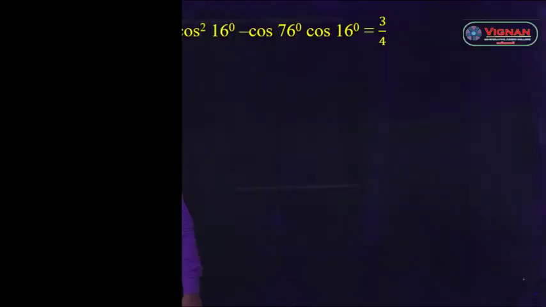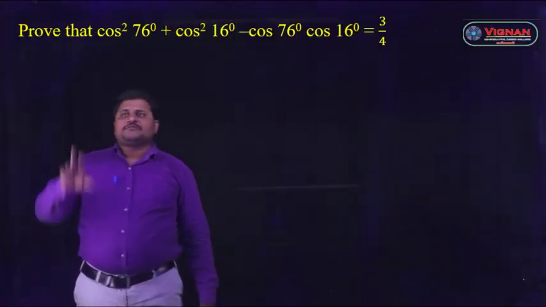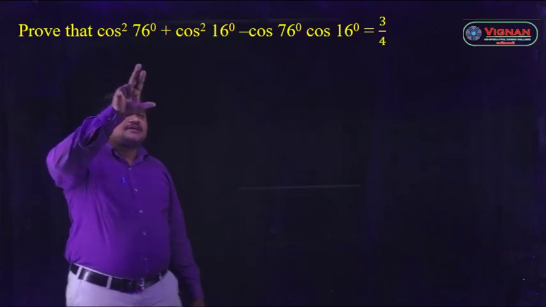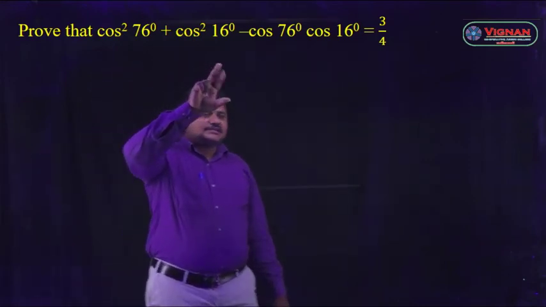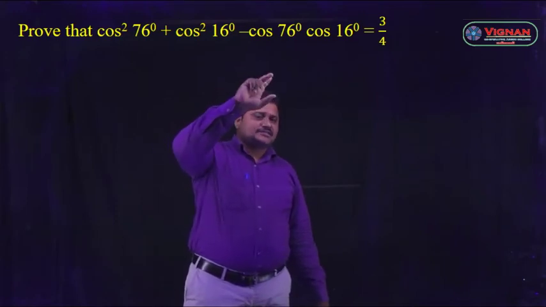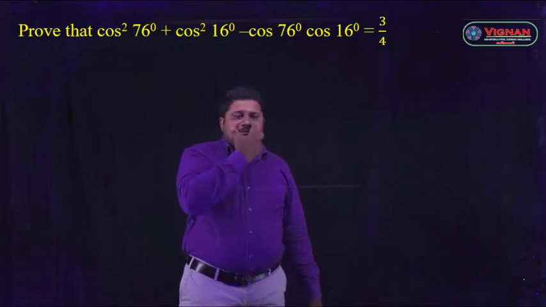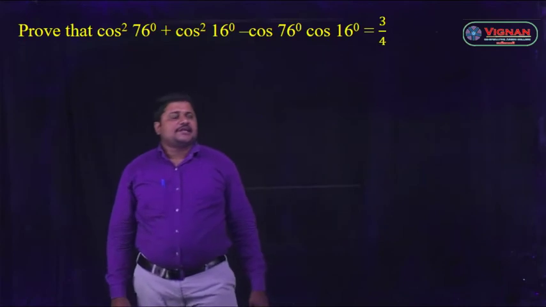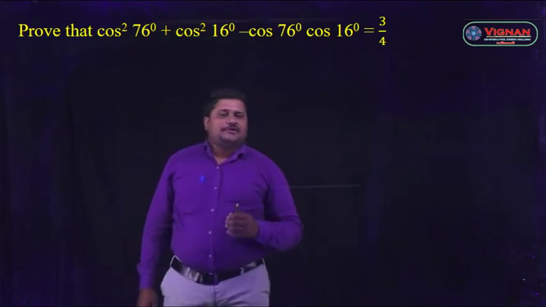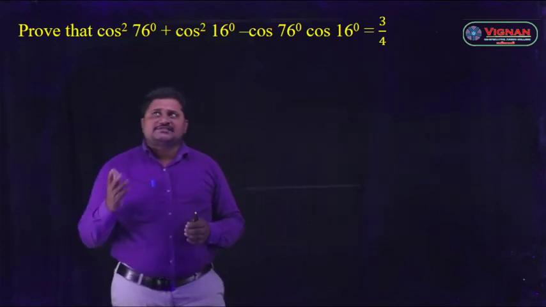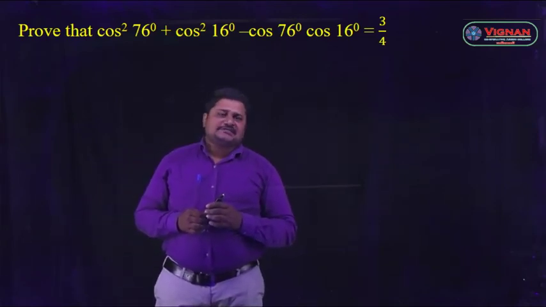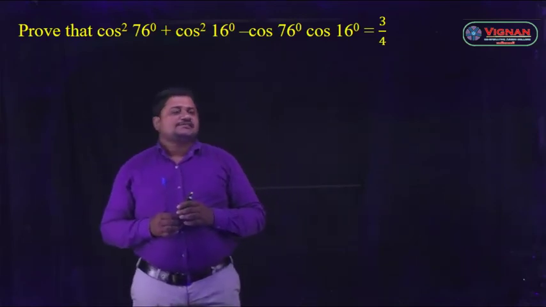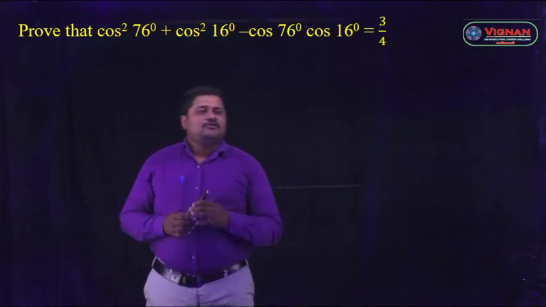Okay students, next problem is prove that cos square 76 degrees plus cos square 16 degrees minus cos 76 degrees into cos 16 degrees is equal to 3 by 4. I have to prove that cos square 76 degrees plus cos square 16 degrees minus cos 76 into cos 16 is equal to 3 by 4.